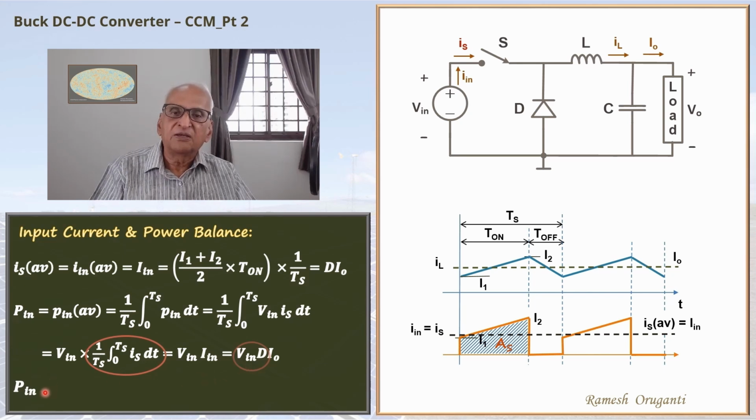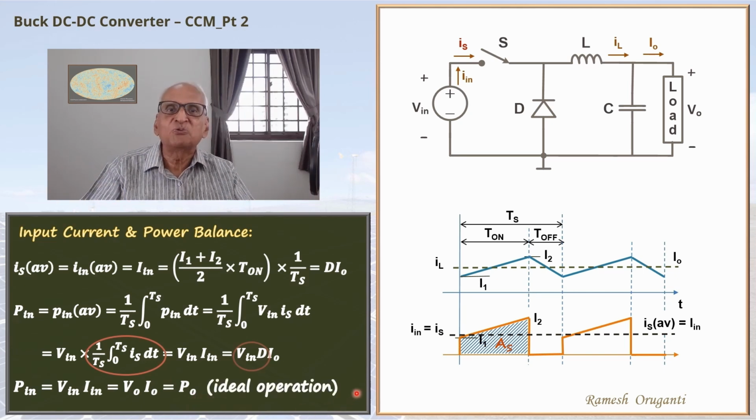So P_in equals V_in times average input current, which equals output voltage times output current. What we have shown is that the average input power and the output power are both the same. It has to be like that because we are assuming ideal lossless operation. There is no component in this ideal circuit where power dissipation is occurring, but we are verifying that. Ideally, we have shown that the efficiency is 100%.